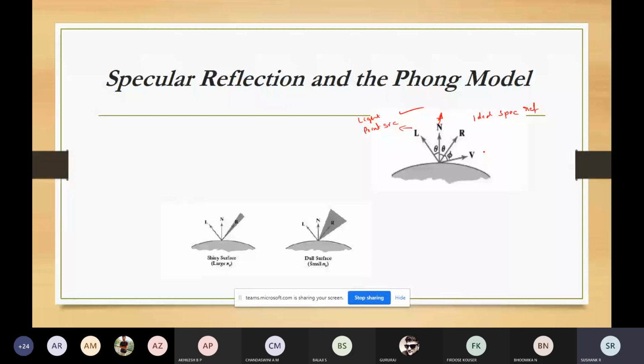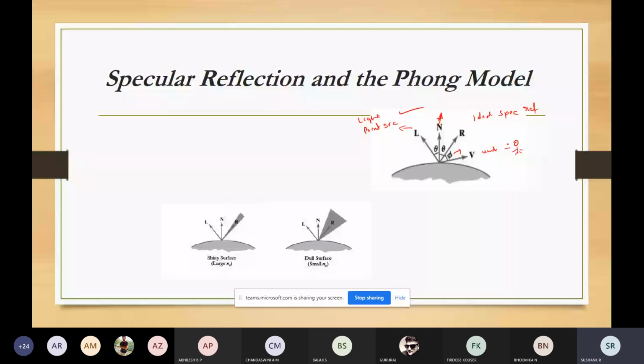If someone is standing here, this is the unit vector towards that viewer, and this is the angle relative to the specular reflection. This angle phi is the viewing angle for the viewer with respect to the specular reflection.